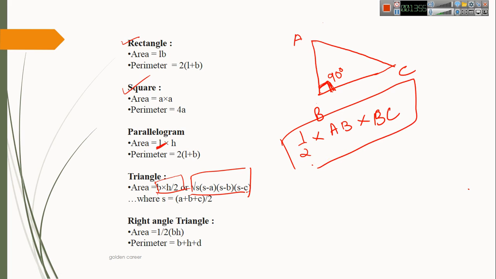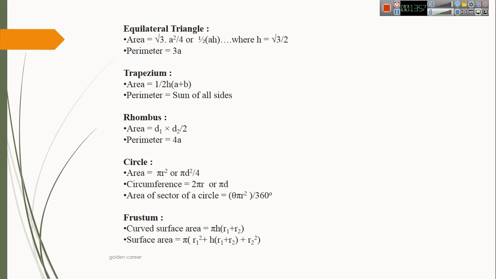So the right triangle is very easy. Now we will proceed further. For the equilateral triangle, since the figure is very symmetrical, calculating the area for an equilateral triangle is somewhat easier than for other triangles.